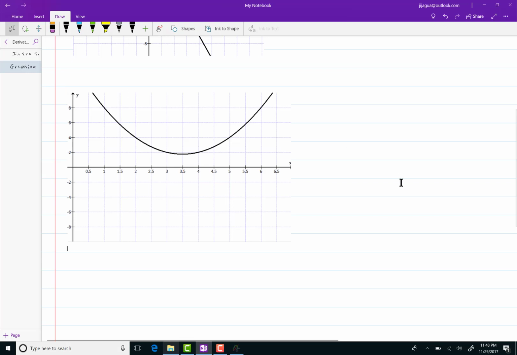Alright. Now what we're always interested in is where the graph is increasing or decreasing or is not doing either of them.